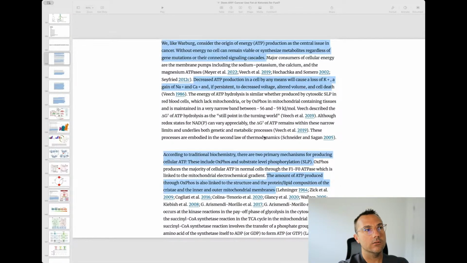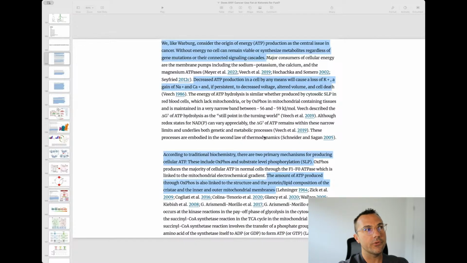it doesn't matter, because basically you're not going to be able to make new things, in this case synthesize metabolites. You can't build a house if there's no workers. And it doesn't matter, continuing the analogy, about the signaling cascades that upregulate the materials.